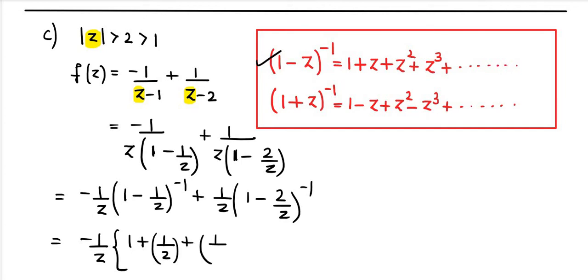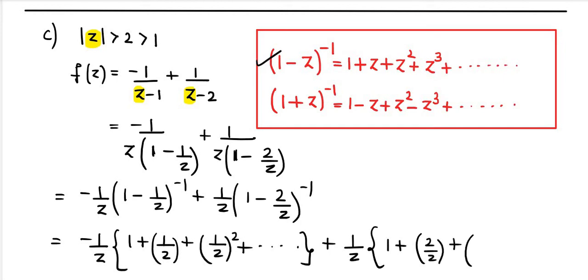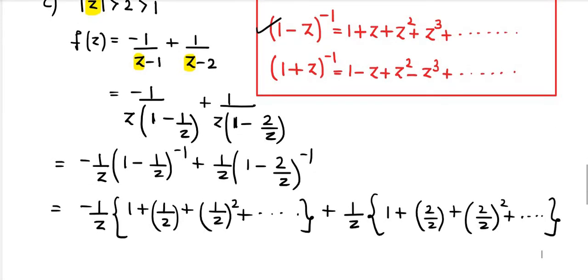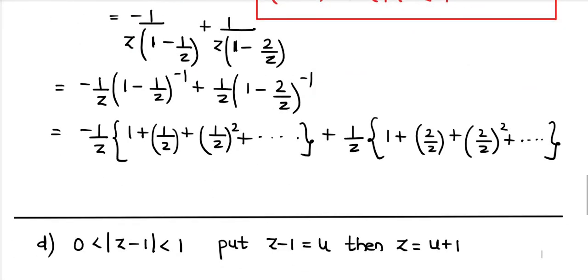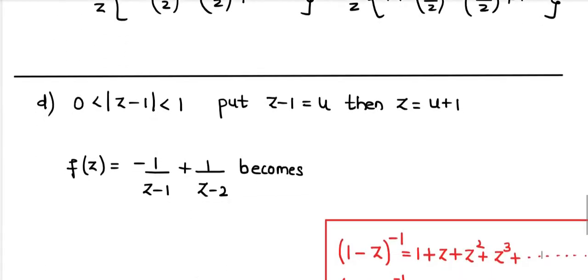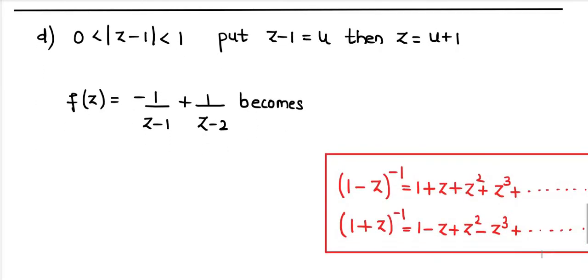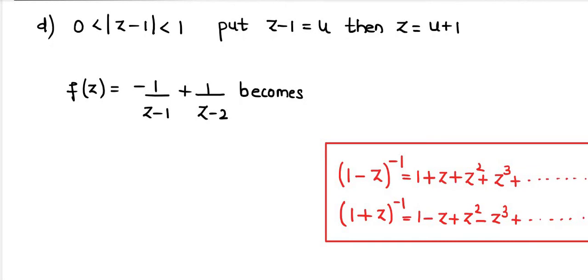Plus 1 by z square plus etc. 1 plus 2 by z plus 2 by z square plus etc. So, this is our answer for the third region. Now, let us consider the last region, 0 less than mod z minus 1 less than 1.